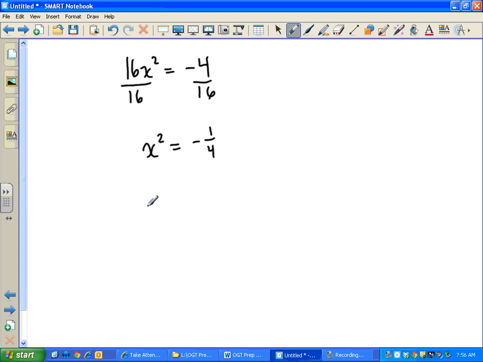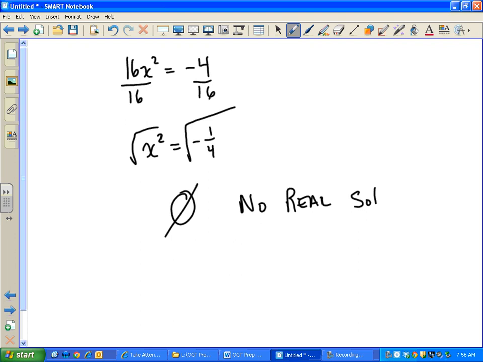But it doesn't even matter, does it? Yeah, you cannot take the square root of a negative. So you take the square root of both sides. No real solution. So Luis said earlier, there are imaginary solutions, but that is an Algebra 2 topic.